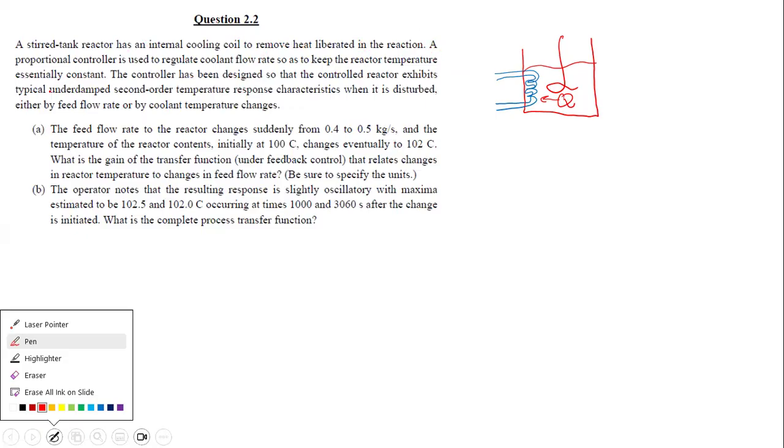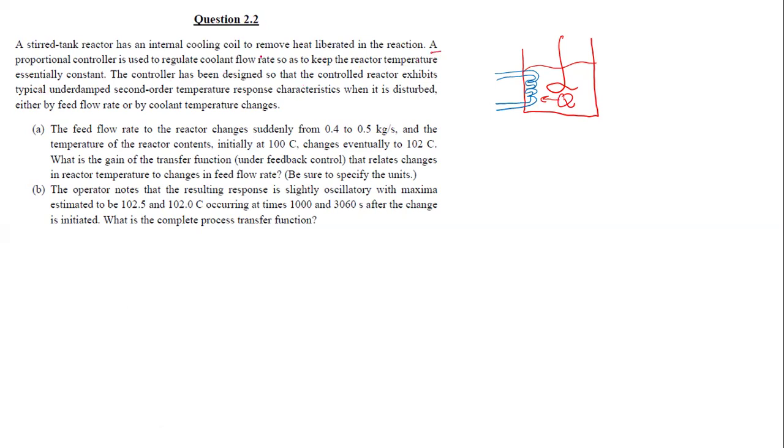And now they say to us a proportional controller is used to regulate coolant flow rate so as to keep the reactor temperature essentially constant. Having a look at this statement, this is what we actually want to do. This is our objective, right? Our objective is to use a proportional controller.